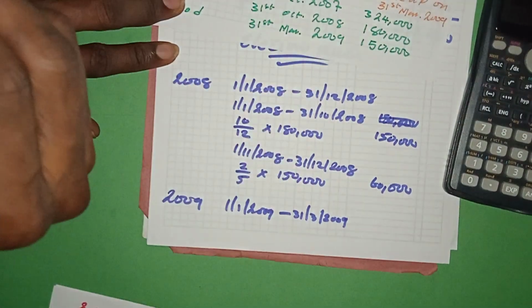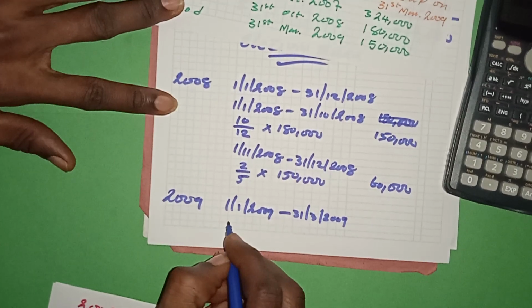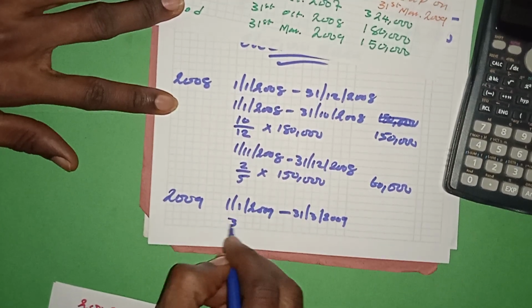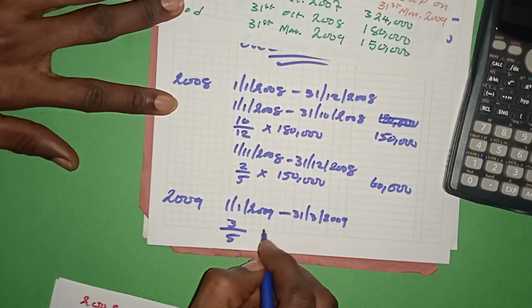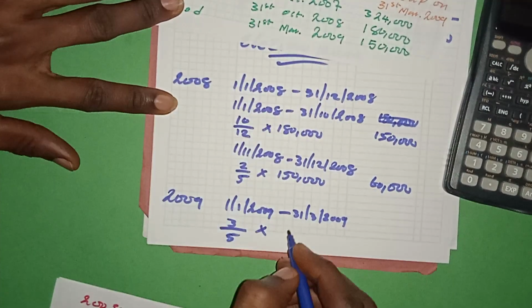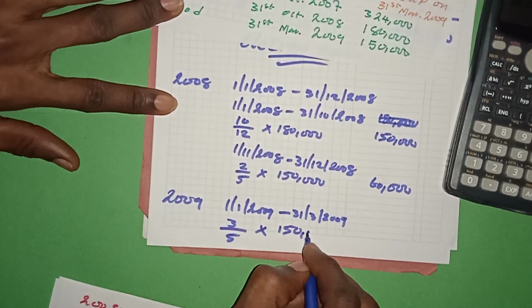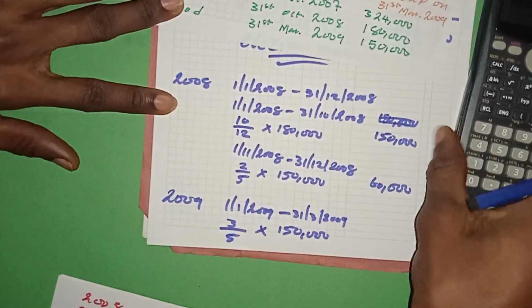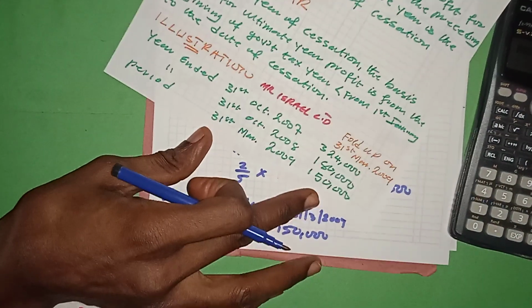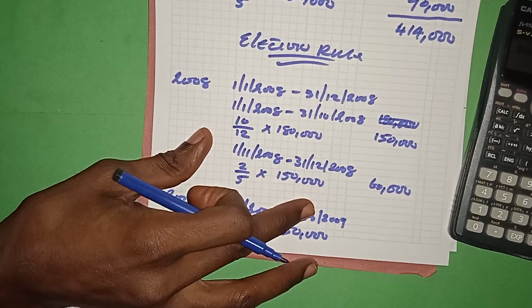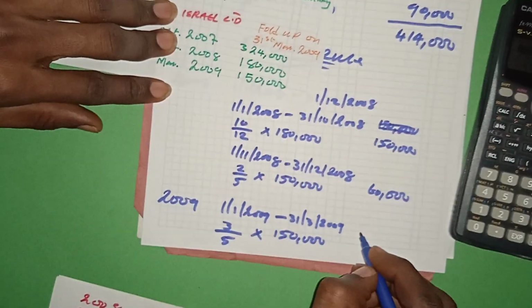Which is the same thing we did in the original assessment. Here now we are looking for 3 months over 5 times 150,000. This will give you 90,000.